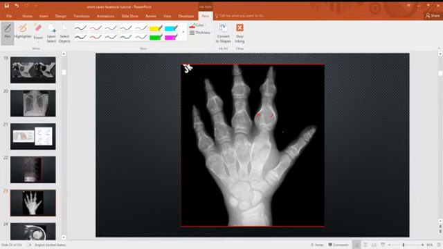So this is Ollier disease, and what is the most common complication of this disease? We are afraid of chondrosarcoma as a complication of Ollier disease.